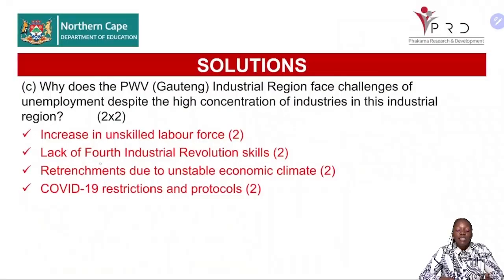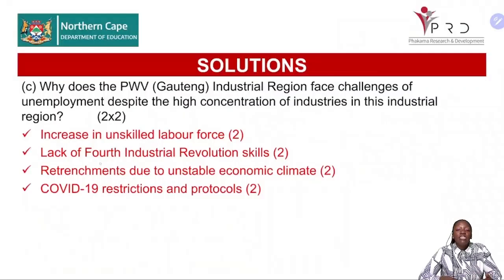Then we're looking at the lack of the fourth industrial revolution skills. Right now it is year 2025 and the technology has advanced in so many ways. So if we attract people who are older or who are lacking these fourth industrial revolution skills, they will not be given work because they will not be able to operate those machines.